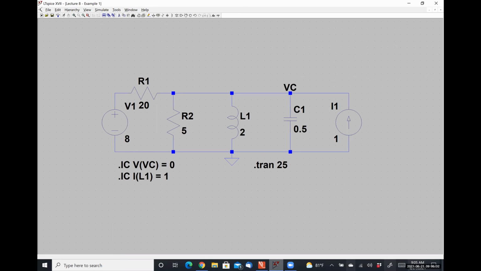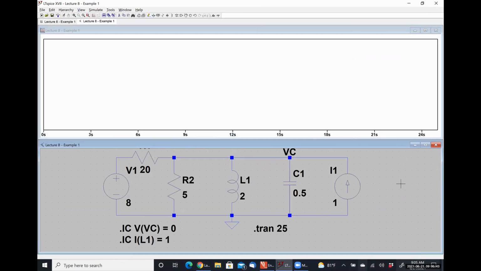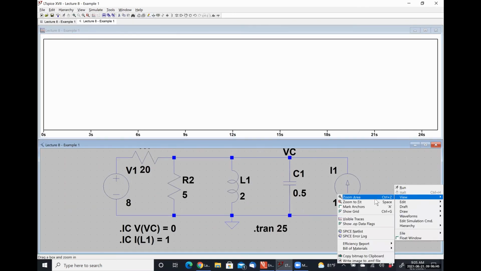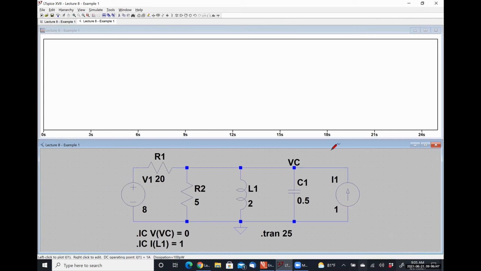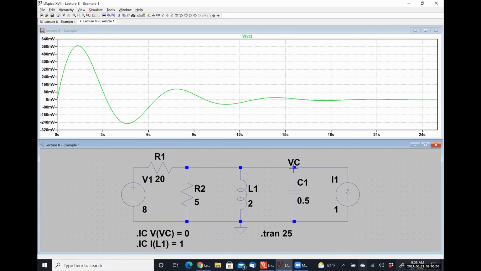it's being difficult. Get my mouse going. I run the simulation, make this fit. So let's look at our capacitor voltage first. It looks like it's an underdamped system because I do see that oscillation.